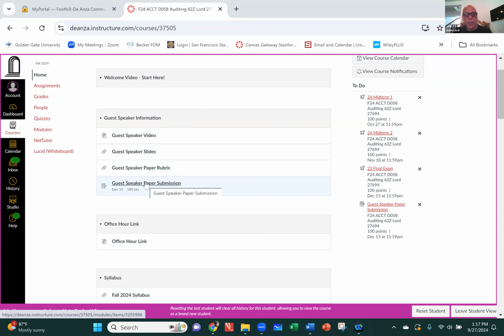You'll click on this, and that's where you will submit the requirements for the guest speaker, which you see in this rubric paper guidance. It's going to be a 3-page paper, and I give you some instruction on the fonts and whatnot, just because sometimes folks will use huge fonts so they don't have to write as much. So that's why that's there. I'm not measuring the font and taking off points if it's not perfect, but keep close to those guidelines.